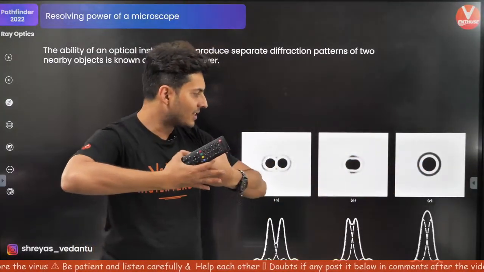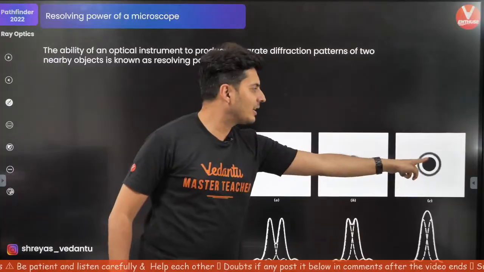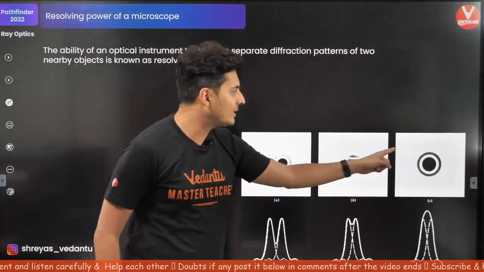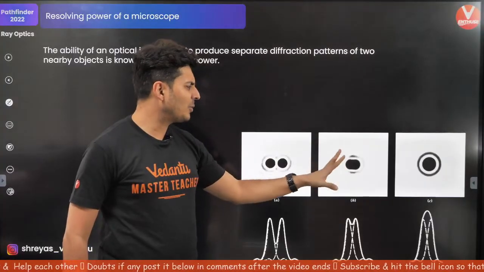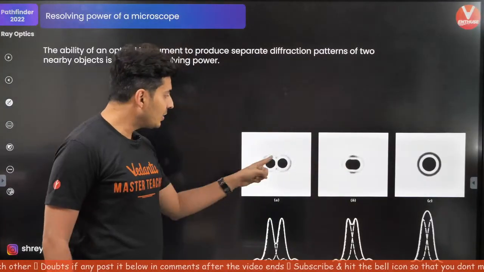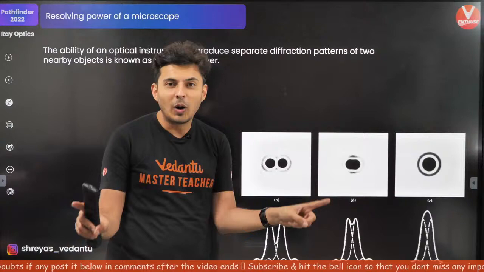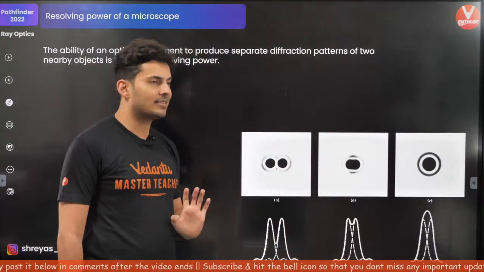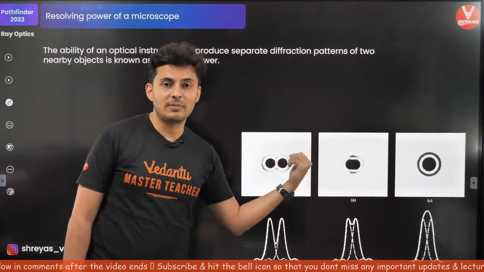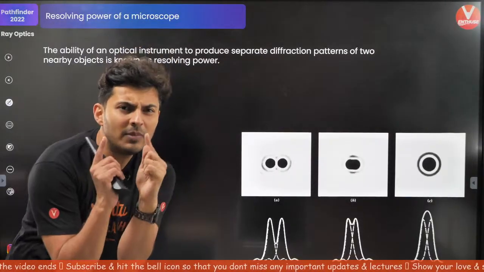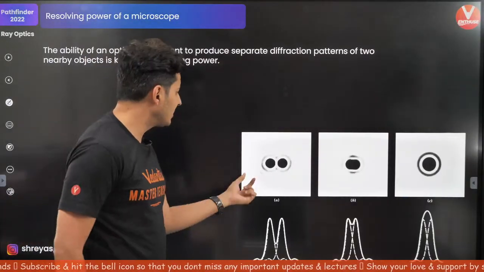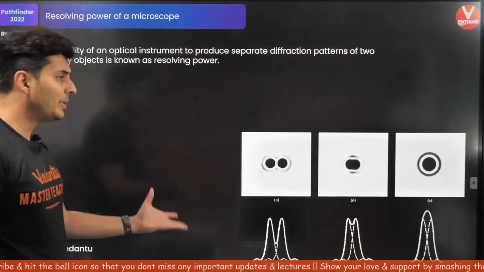Both the discs are onto each other. You cannot distinguish between the two particles. It feels like only one particle is there. Here, somewhat you can make out, but it's still not clear. Here you can now understand, yes, there are two objects because you can see the images distinctly. So these are resolved images, and for the limit of resolution, the minimum distance between these two should be there.